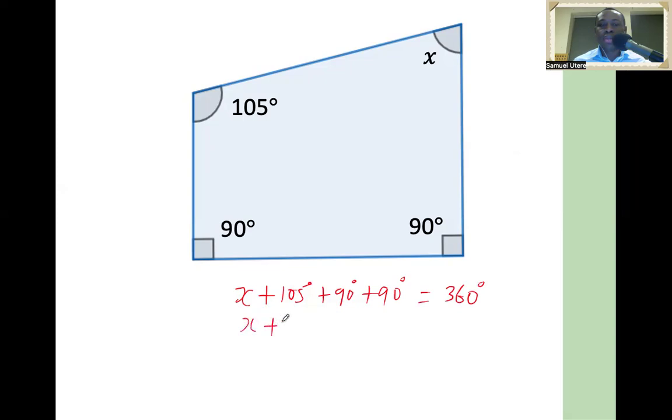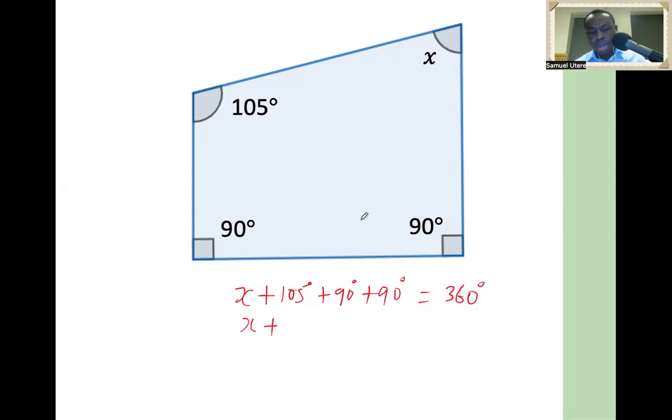X, when we add 90 plus 105, that will be 180, add 105, that will be 295 degrees.